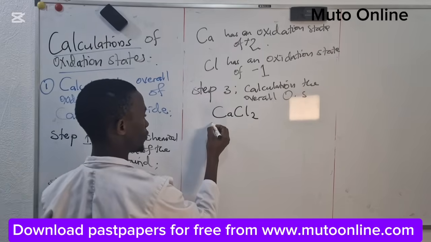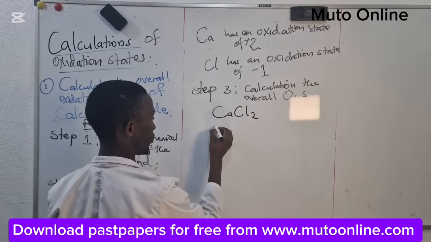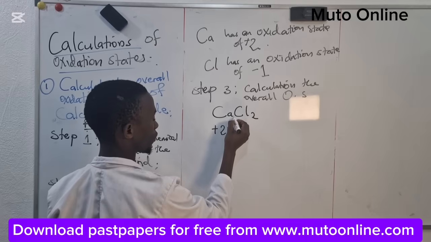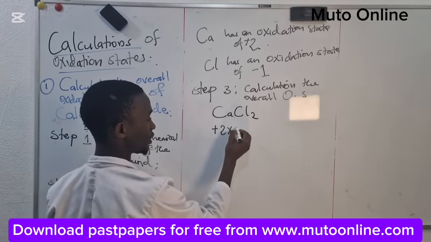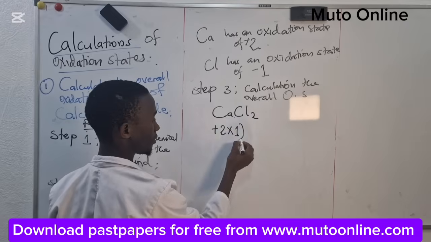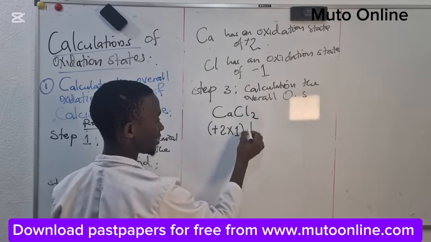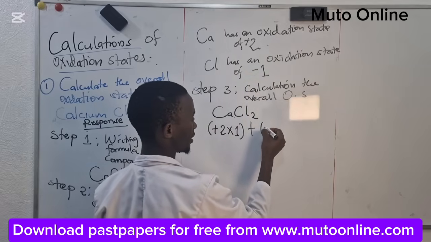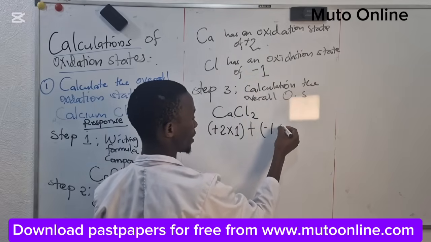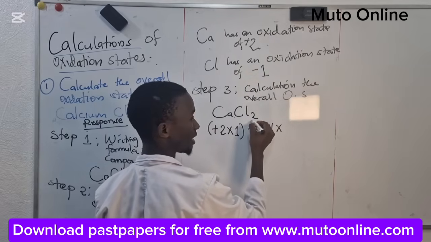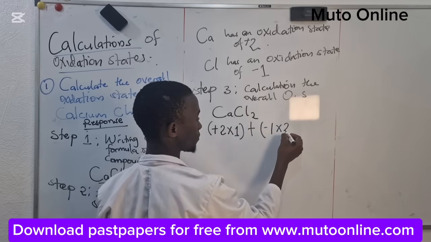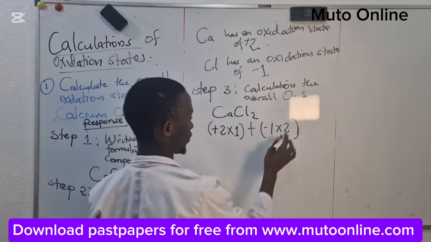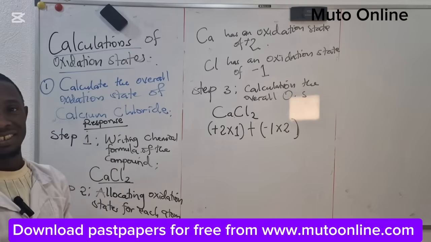So the oxidation state of calcium, which we found is positive 2, multiplied by the number of atoms of calcium in the compound, which is 1, plus the oxidation state of the chloride, which is negative 1, times the number of chloride atoms in the compound, which is 2, gives the oxidation state of the compound.